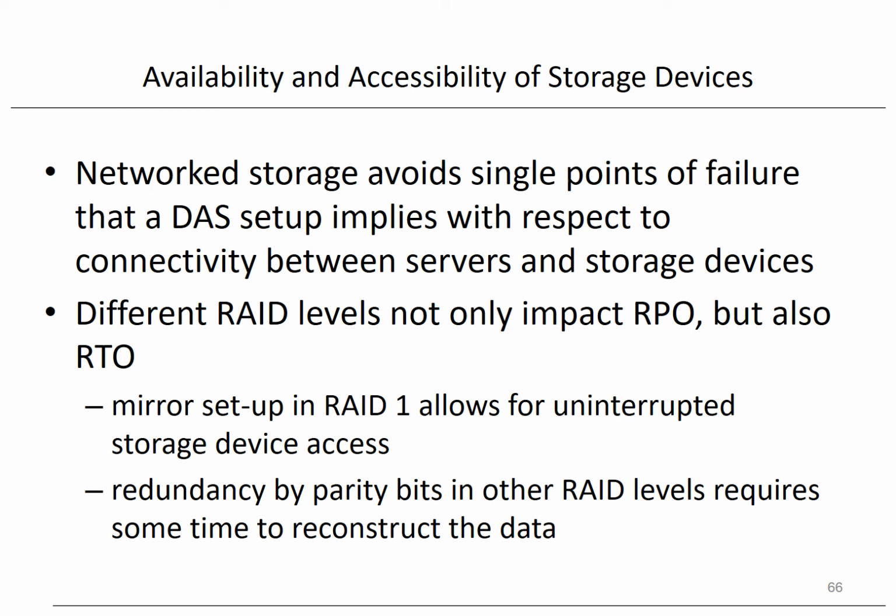In addition, the different RAID levels not only impact the RPO by avoiding data loss through redundancy, but also the RTO. For example, the mirror setup in RAID 1 allows for uninterrupted storage device access, as all processes can be instantaneously redirected to the mirror drive if the primary drive fails.